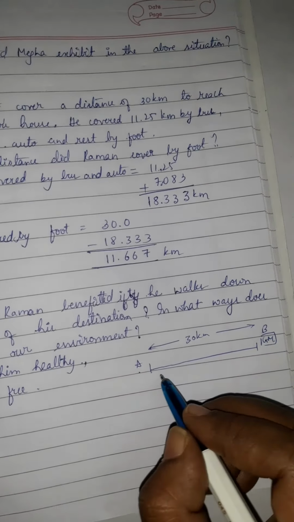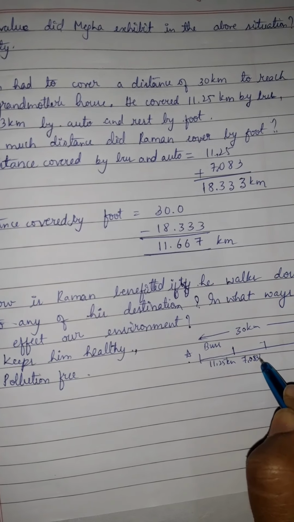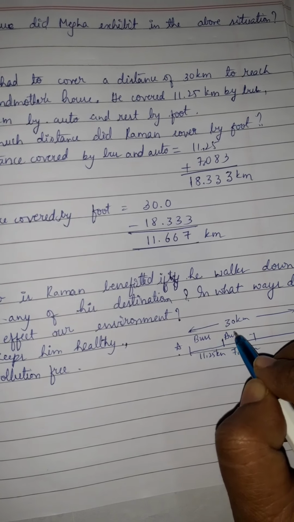He covered 11.25 km by bus. So some distance, that is 11.25 km, he is travelling by bus. Then he is covering 7.083 km by auto.